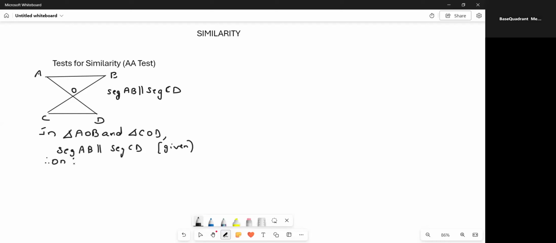Therefore, on transversal AD, I hope you know what the transversal is. So two parallel lines, AD is the transversal. So in that, the alternate angles are A and D. That means angle OAB is congruent to angle ODC because they are alternate angles.